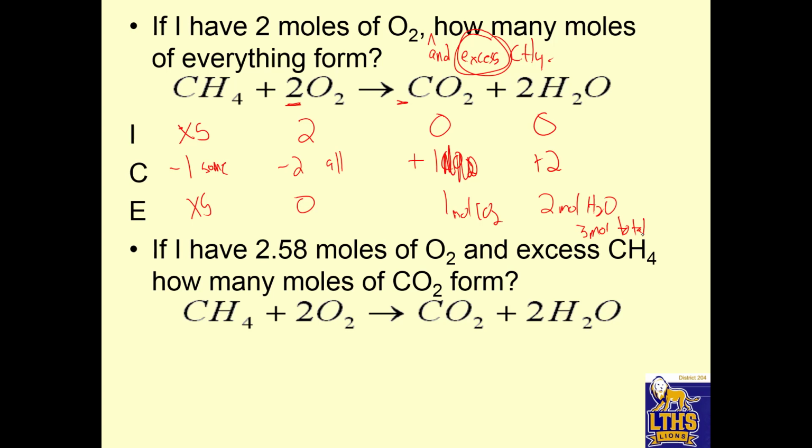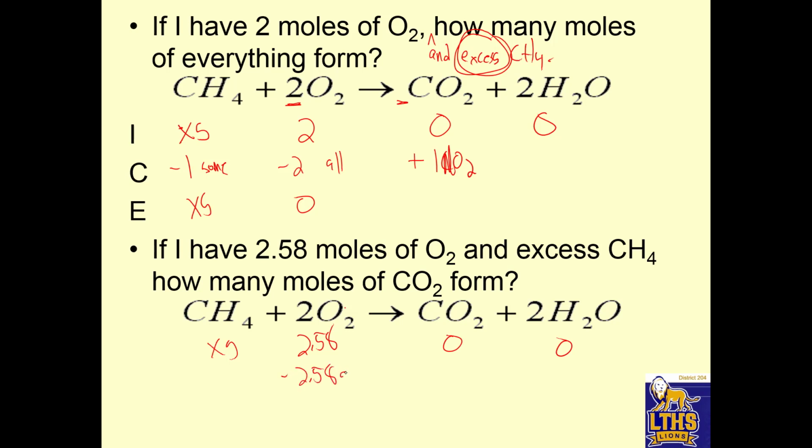If I have 2.58 moles of O2 and excess CH4, do my ICE diagram again. So if I have 2.58 moles of O2, and remember we're going to have excess, how many moles of CO2 form? So originally I'm going to have 2.58, excess, 0 and 0. The change is going to be minus 2.58, which is all.